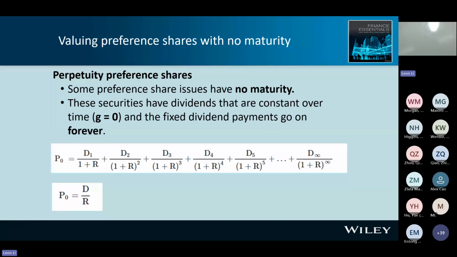So for preference share, the key principle is constant dividend. Constant dividend, that means dividend will not change, right? However, on maturity date, in practice, we have two types of preference share. One with maturity, second with no maturity. But dividend will not change because it's the preference share. But ordinary share will have different dividend, right?